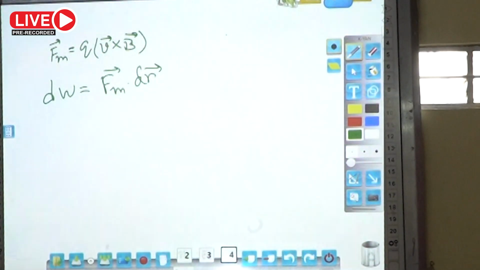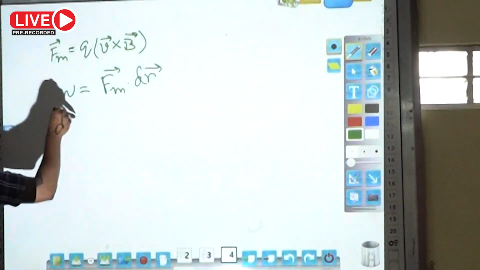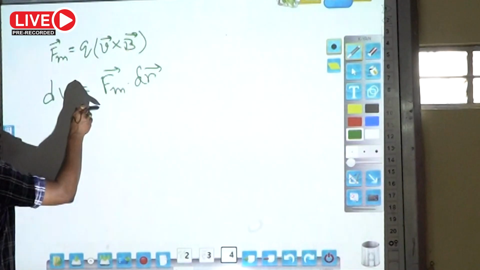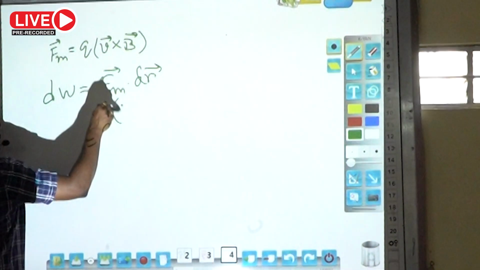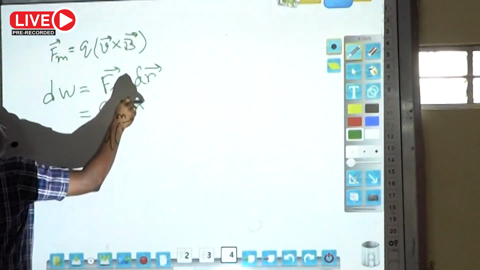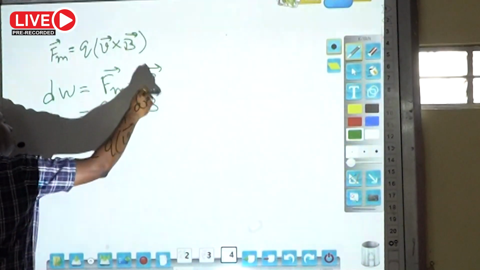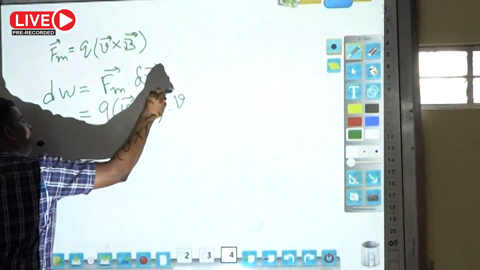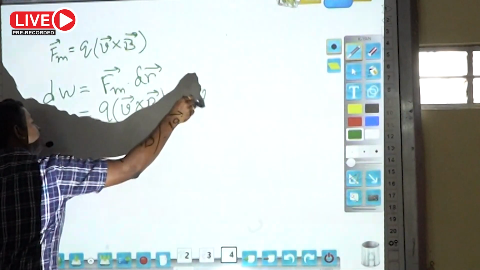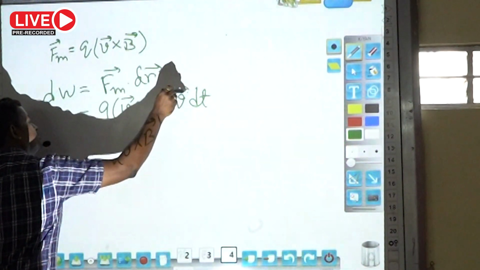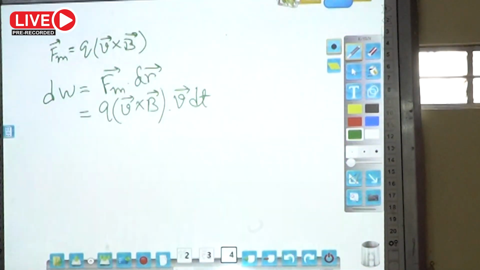Now, how to calculate this work done? Can I write this as Q into V cross B dot dr? dr can be written as V dt, because V equals dr by dt, the instantaneous velocity. So I write dr equal to V dt.